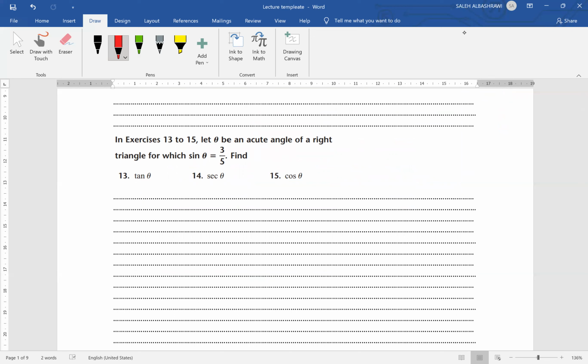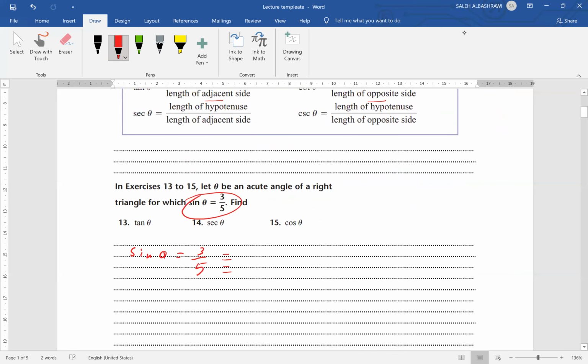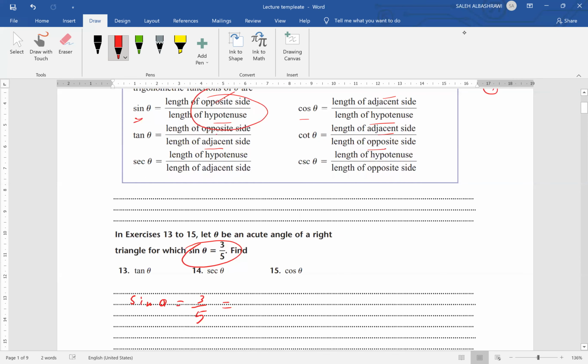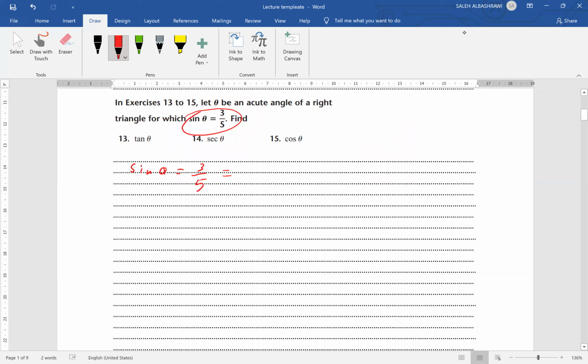So from the given function, sine theta equal to 3/5, from the definition of sine theta, we go back. We know sine theta is equal to the opposite divided by the hypotenuse.